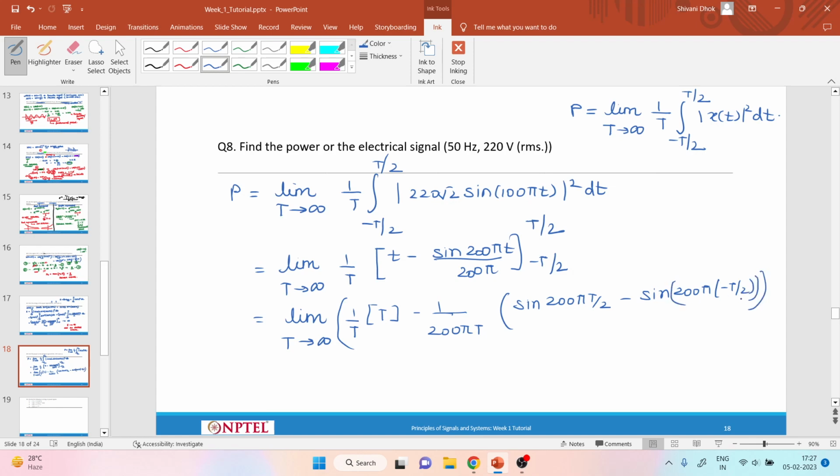So this is inside the bracket. And if we take the limit t tending to infinity, this term will lead to 1, and as we are having t in the denominator here, this will tend to 0, and therefore my power is 1, which is less than infinity, which implies that this is a power signal.